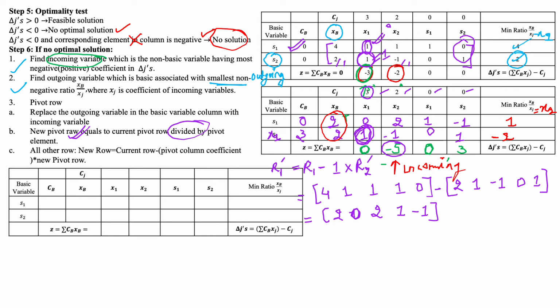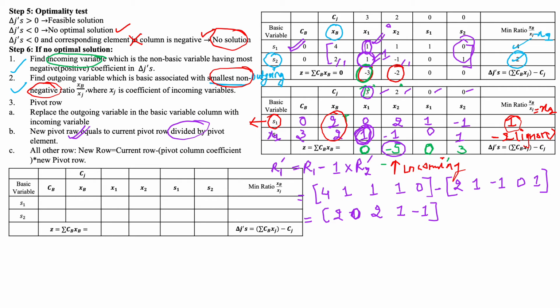So here it is written to take the smallest non-negative element. This one is negative, so we are going to ignore it. So this is my outgoing element. S1 is my outgoing element.